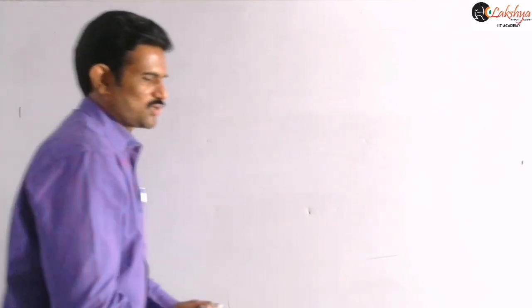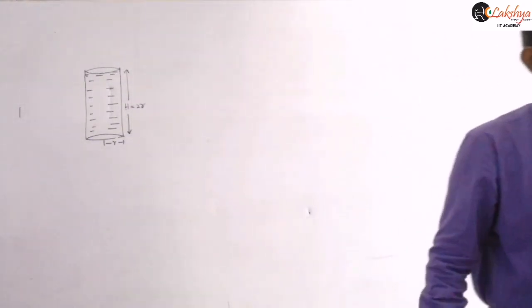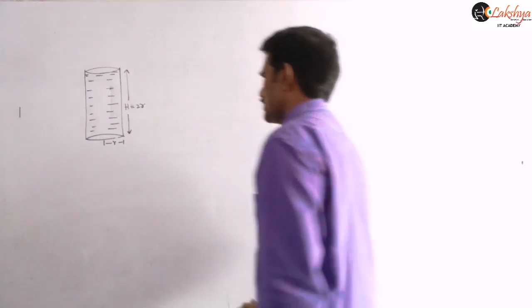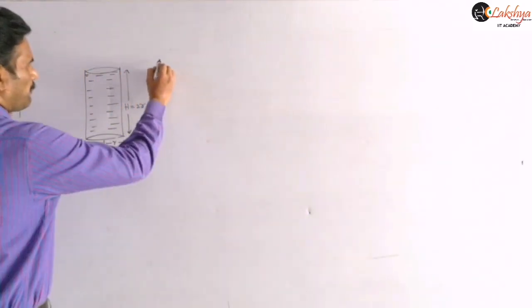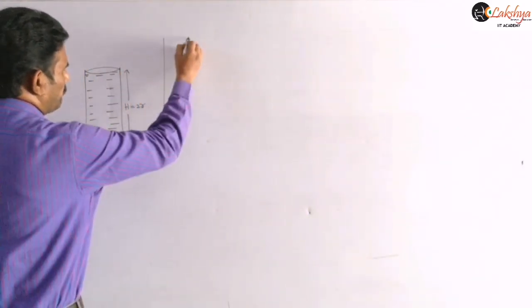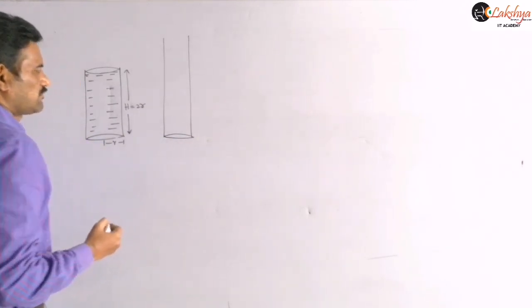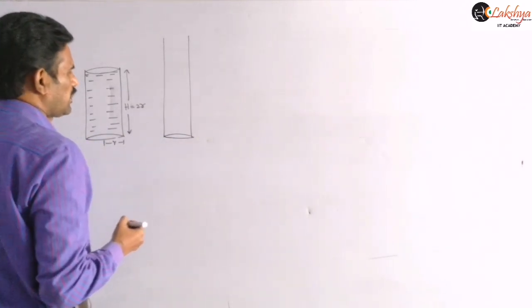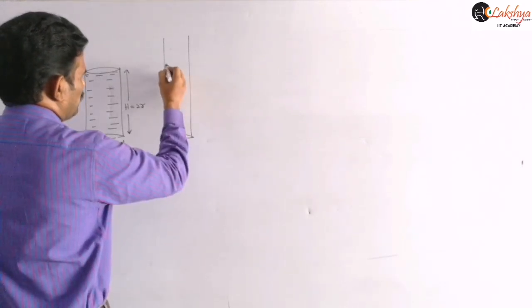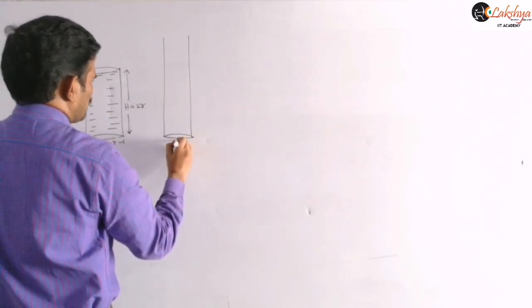So some mercury is taken in a cylindrical container, write that problem. Mercury is taken in a cylindrical container of radius R and height 2R.